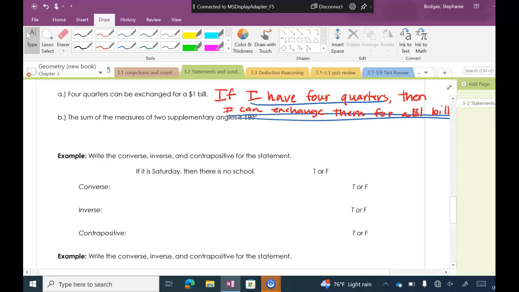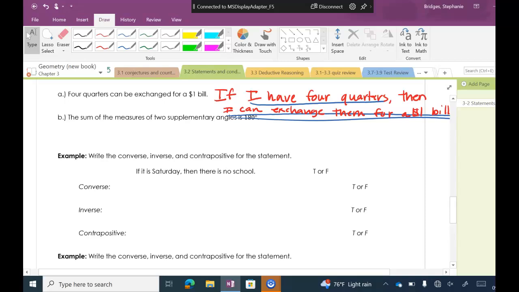And if they are supplementary, then they will have a sum of 180, right? Okay. So technically, you could do it 2 different ways. You could say if the sum of the measures of 2 angles is 180, then they are supplementary. Or you could say if two angles are supplementary, then their sum is 180.